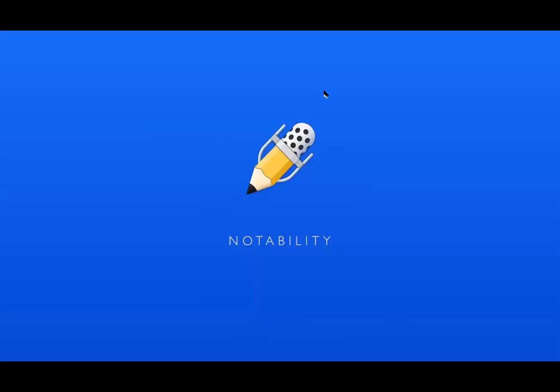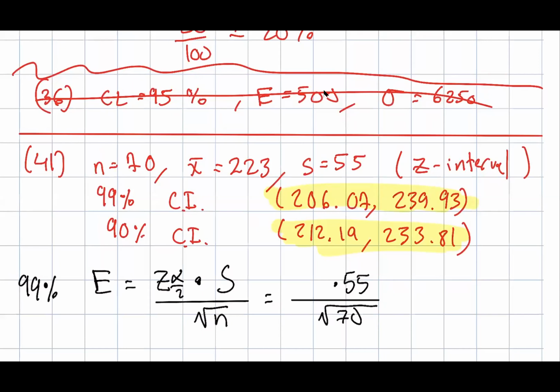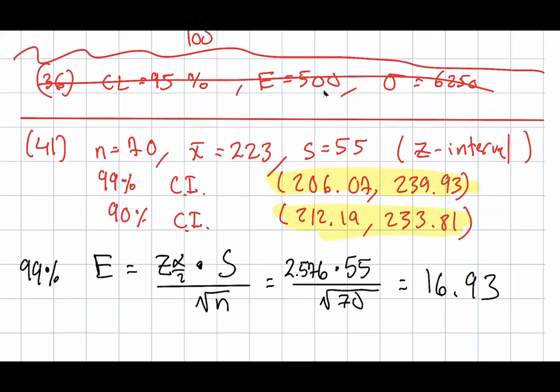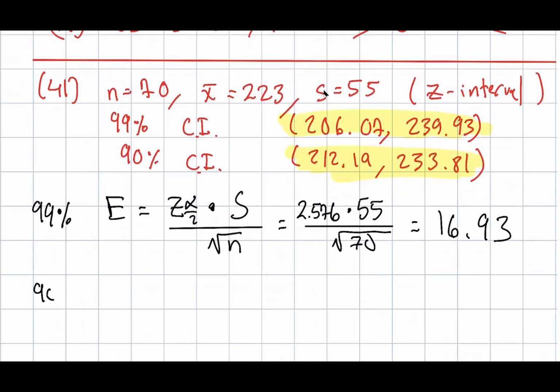So then just multiply those out: 2.576 multiplied by 55 divided by the square root of 70, and you get 16.93. So that's for 99%. Say we're doing this for 90%.